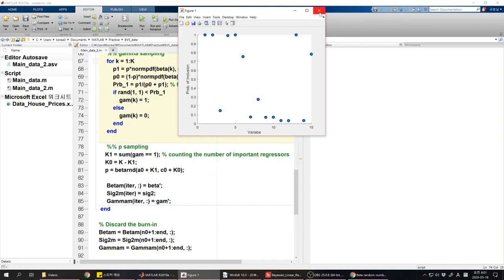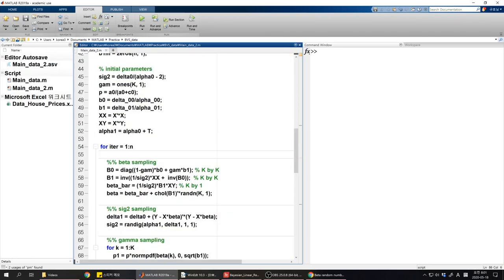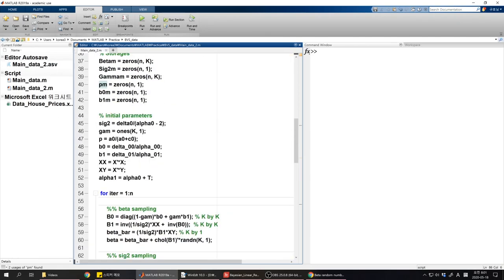Yes, it runs very well. Of course we have to save: P iteration number 1 should be P. Did we ever define PM? Yes, we did. Let me run this again.